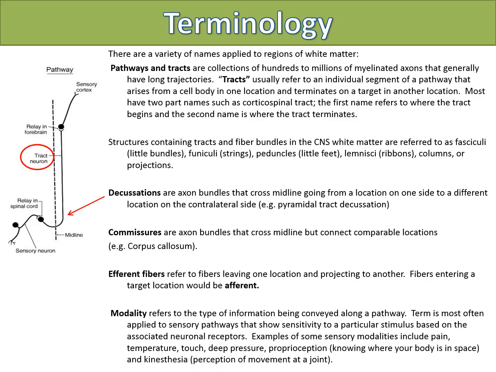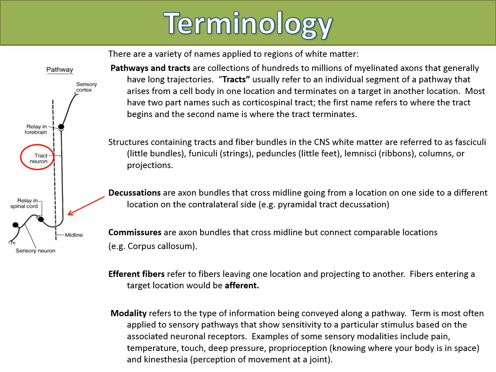That's the case for many sensory neurons that originate at one location in the spinal cord and travel over to the other side to arrive at a different location at another level, perhaps in the thalamus or at the cervicomedullary border. We'll also see commissures, such as the corpus callosum, that carry information from one side to comparable locations in the other side.